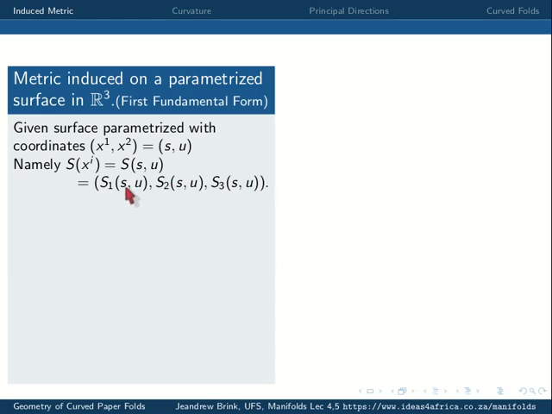And once again, we can label the components themselves. It's in 3-dimensional space, so that index runs from 1 to 3, and the index for the coordinates runs from 1 to 2.